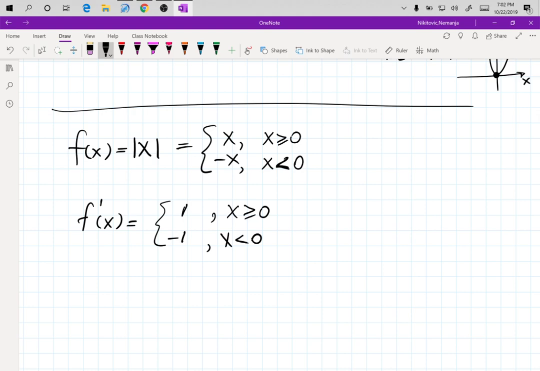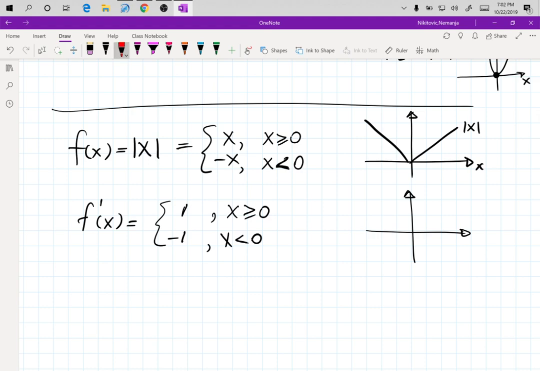So your function, which was the V-shaped function like that, that's your absolute x graph, produces the derivative which has -1 coming in and +1 going out of x.